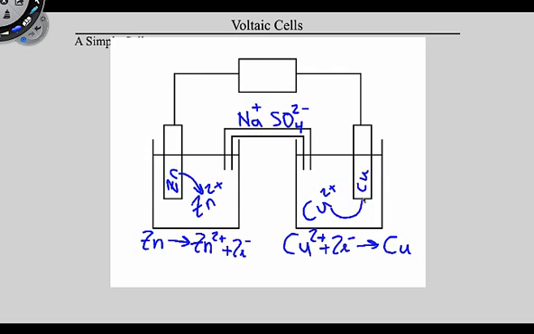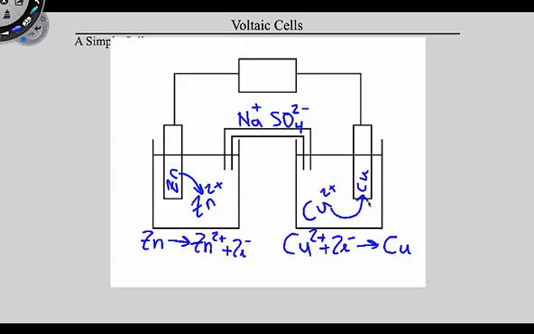And then conversely, copper ion is being deposited, reduced to copper metal. So guys, at this point, let's now talk about those two interesting questions about concentration and mass.